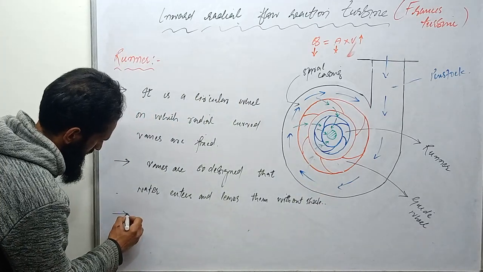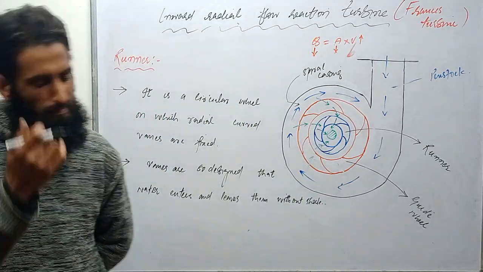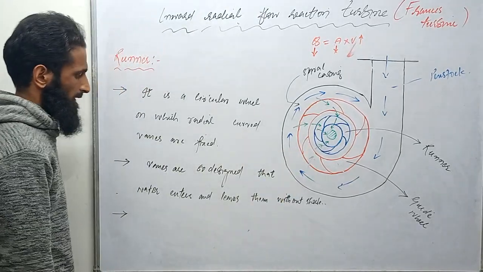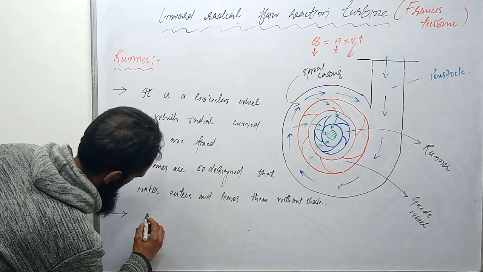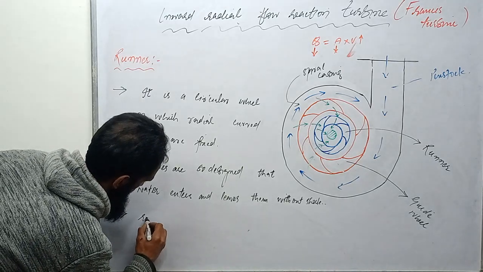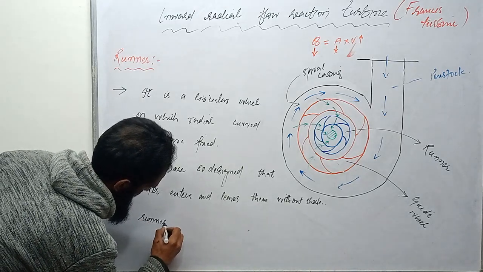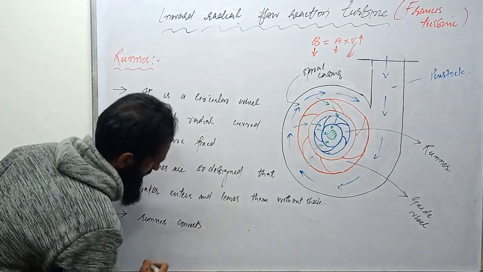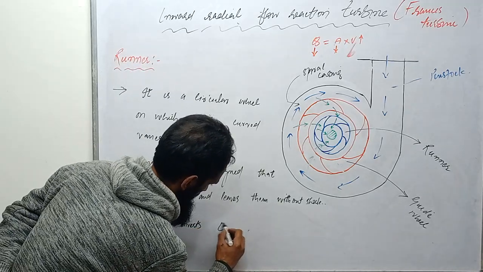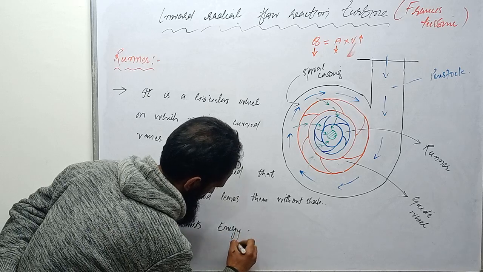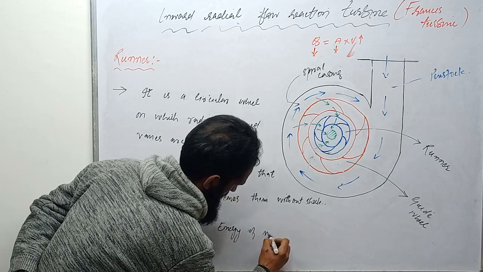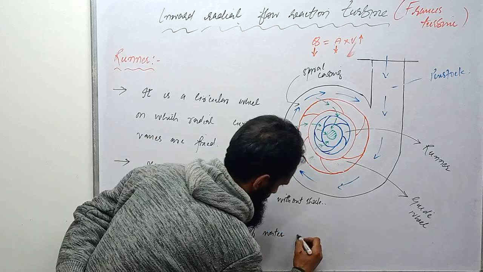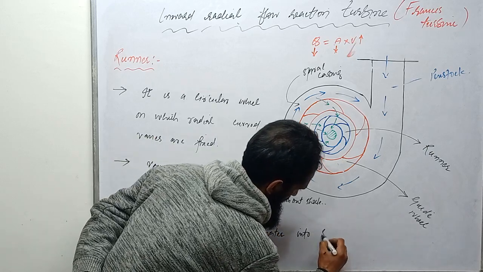And third thing in case of runner is, what is the function of runner? Runner converts energy of water into shaft power.